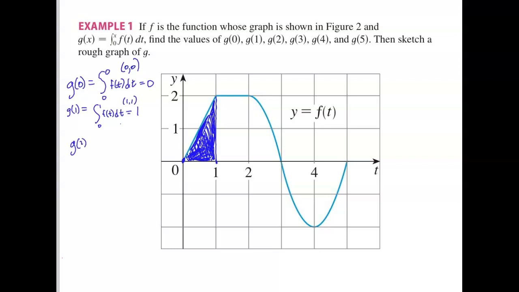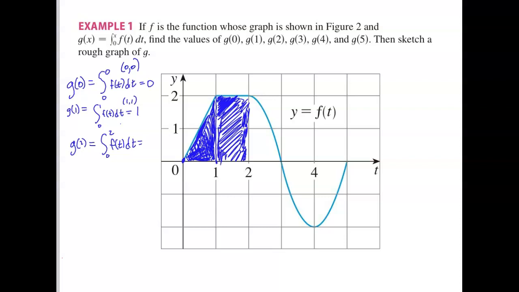G of 2 is the integral from 0 to 2 of f of t dt. So it's all the area under the curve between 0 and 2, right? Well, we already found out that that area is 1, but now I need to go all the way to 2. What shape am I adding on here? What's the area of that rectangle? 2.